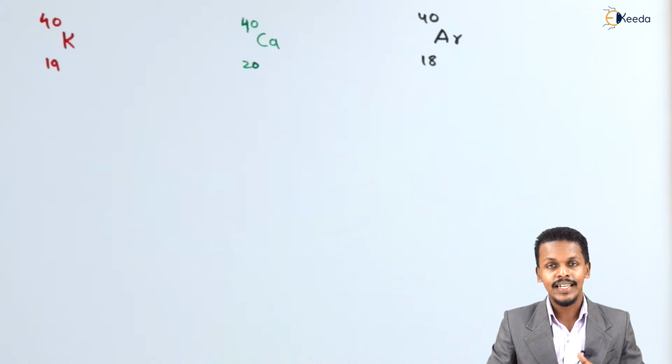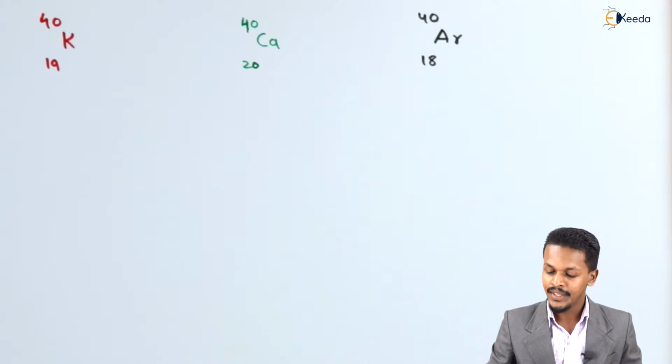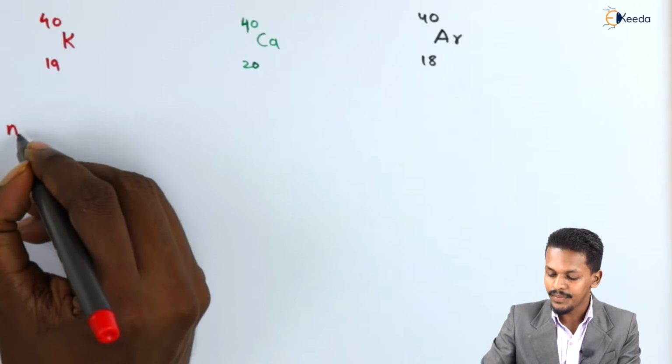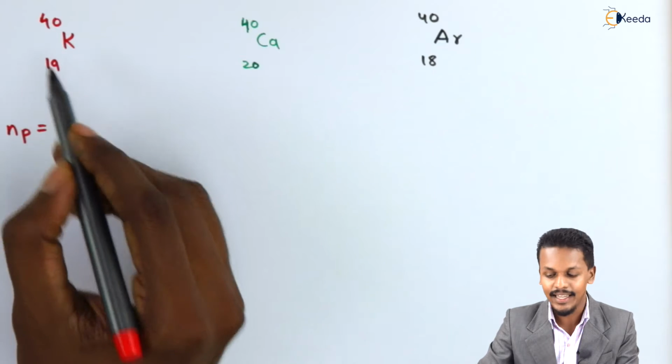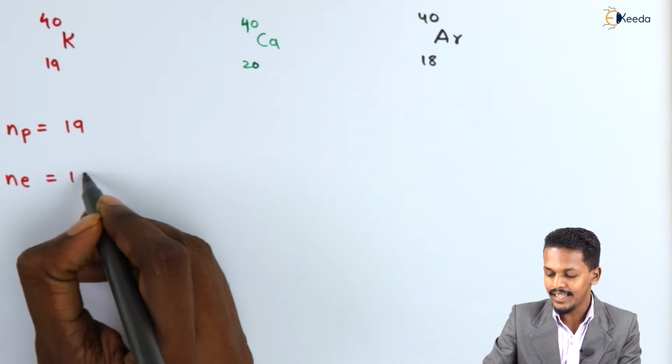Let us see how we can calculate the number of protons and neutrons here. For potassium, the number of protons, which also represents the atomic number, is 19. Similarly, the number of electrons will also be 19.